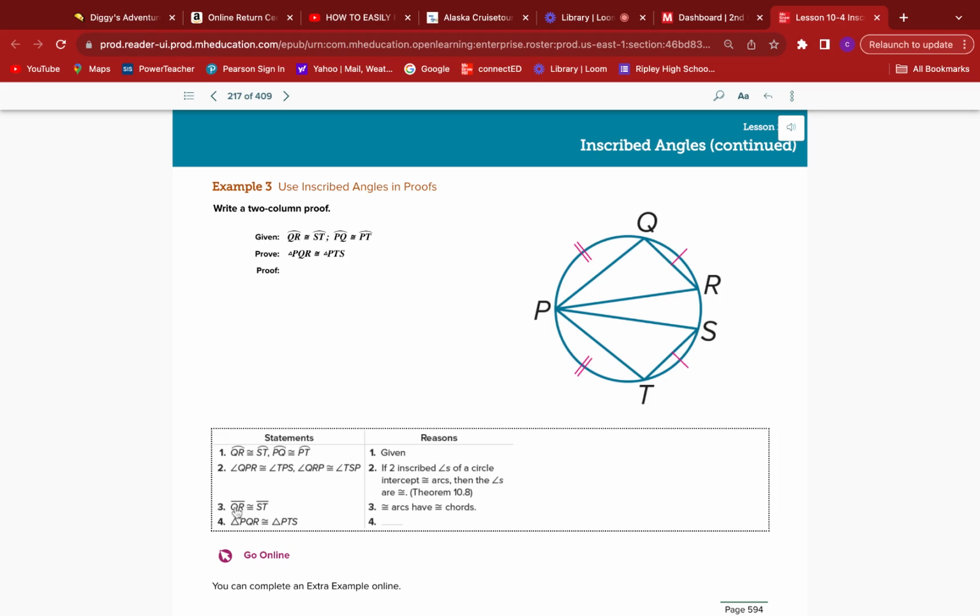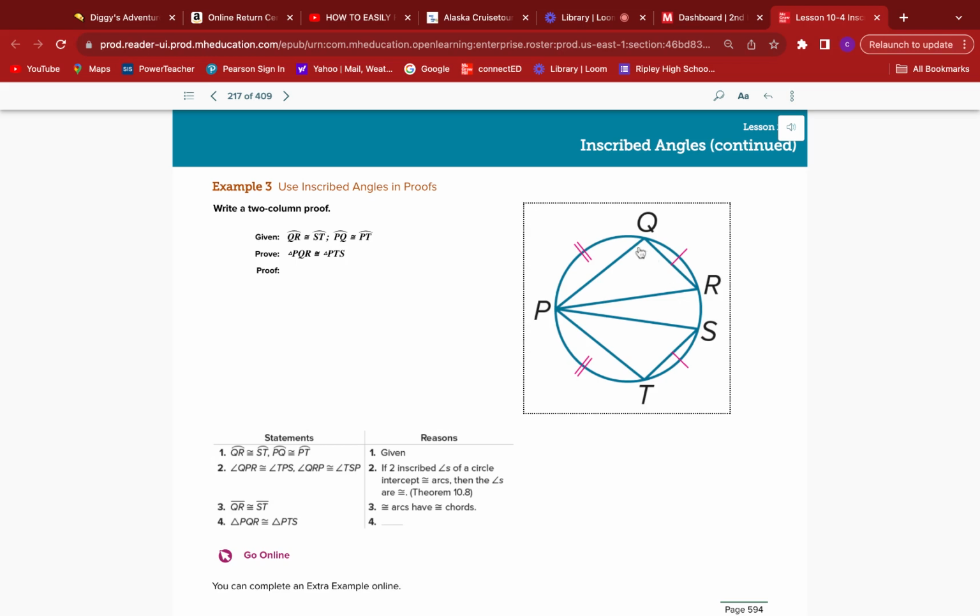All right, then it tells us that QR's segment, this segment, is congruent to ST, this segment. And that comes back from the rule for the lesson before this one, where if your arcs are equal, the chords are equal. And since our arcs are marked equal, the chords that are made up of QR's arcs are equal.